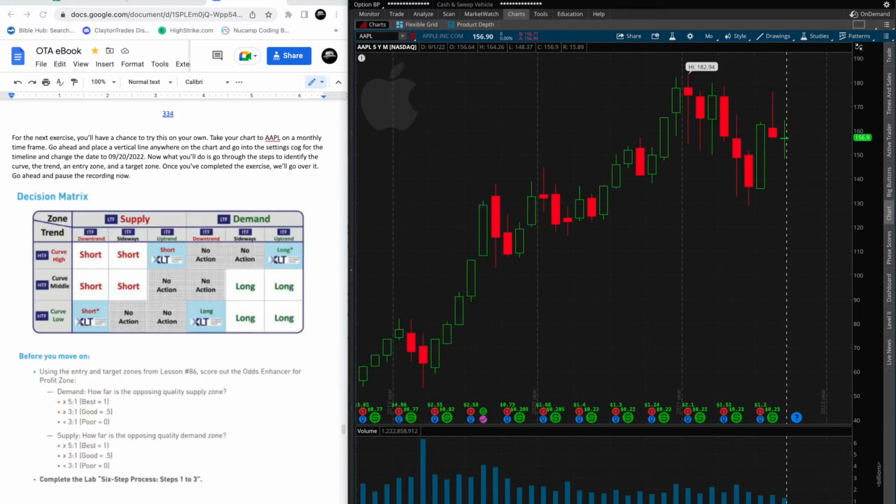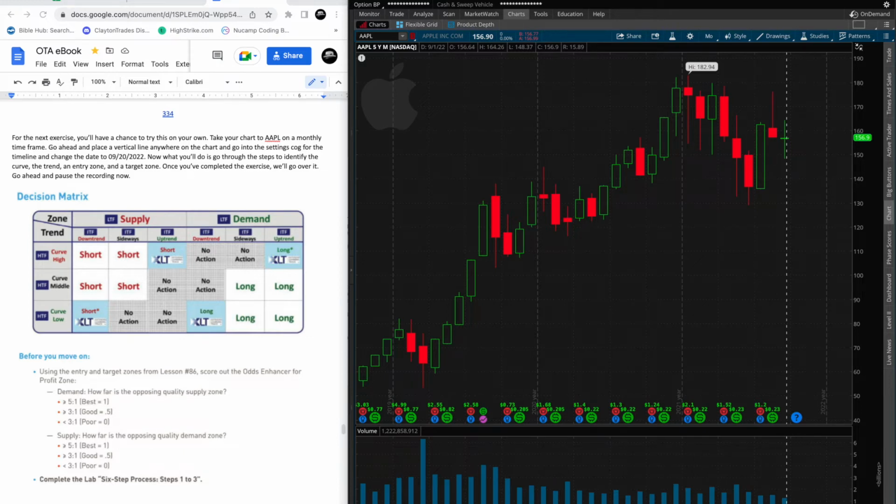Okay, so for this next exercise, the first and final, you'll have a chance to try this on your own. Go ahead and take your chart to AAPL on a monthly time frame. Now go ahead and place a vertical timeline anywhere on the chart and go into the settings cog for the timeline and change the date to September 20th, 2022.